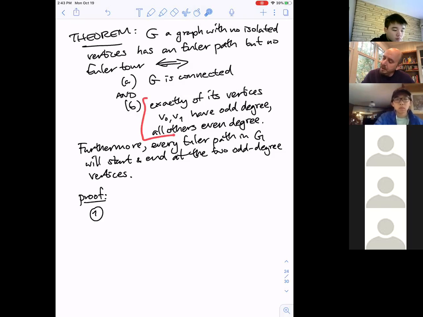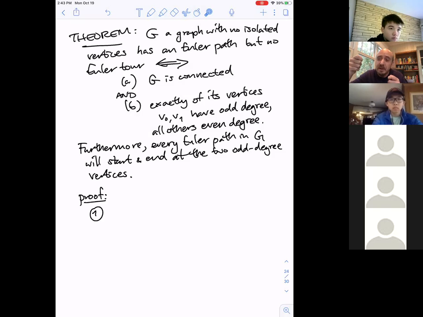But this condition, if you think about it, that Euler path, if you're not V0 and V1, will pair off the edges coming in and out as the path goes through you, perhaps multiple times. If the path goes through a vertex k times, that vertex is going to have 2k edges coming out of it, which is even.